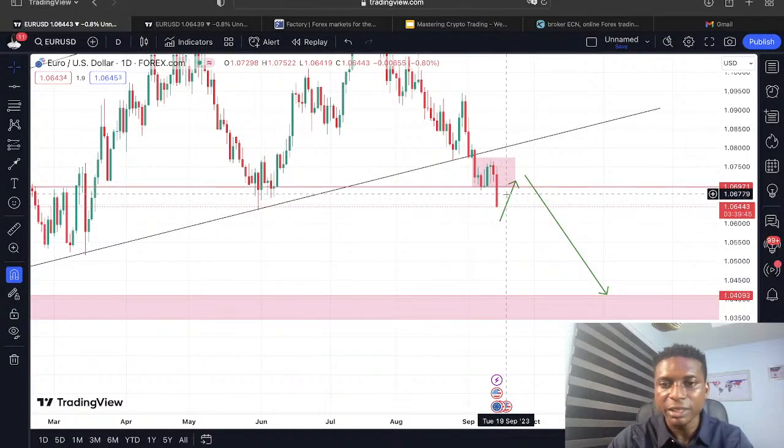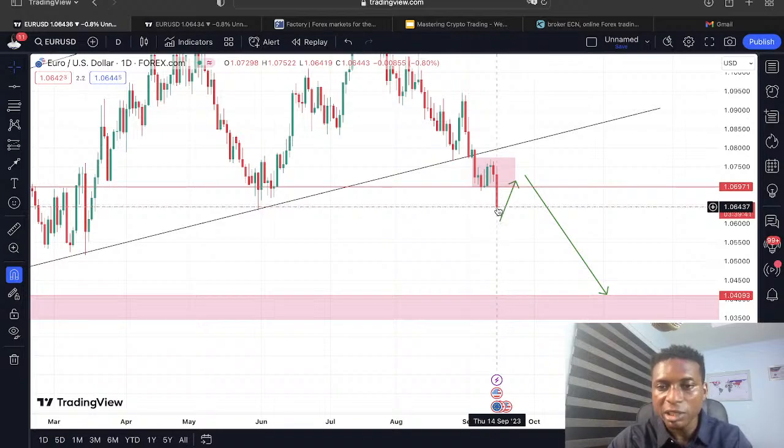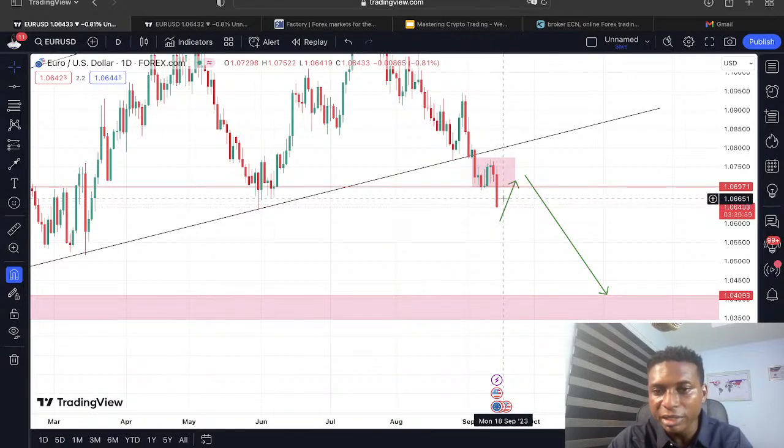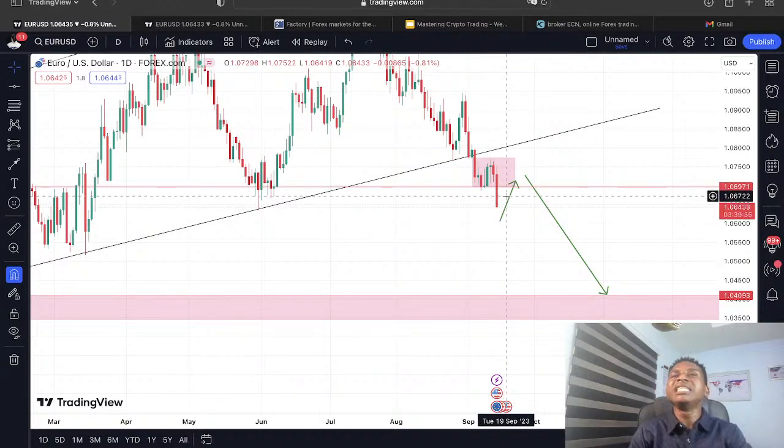It can retest a bit, because of course by tomorrow, once the market closes today, there will be a retest. Price will definitely retest. When there is a breakout, there are 80% chances of a retest.